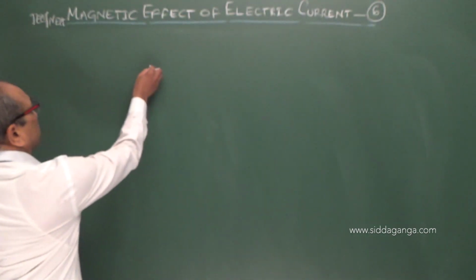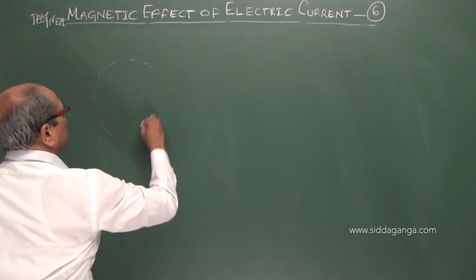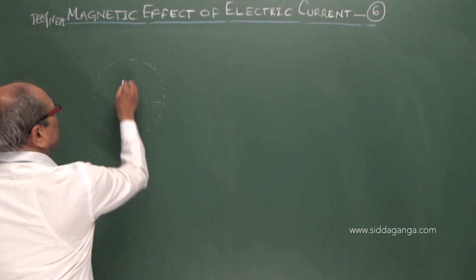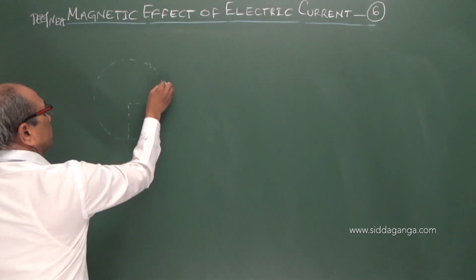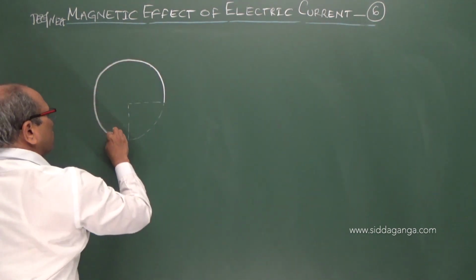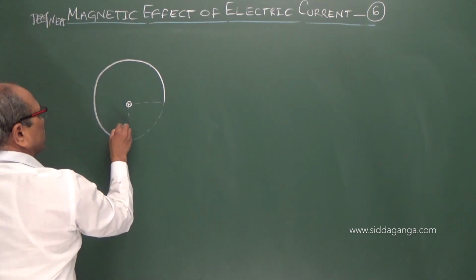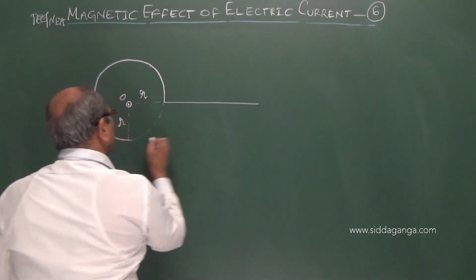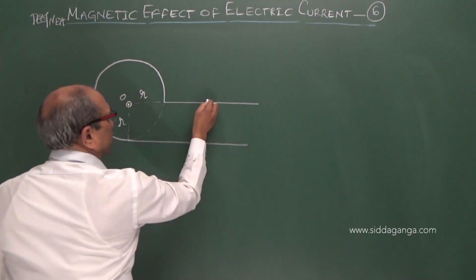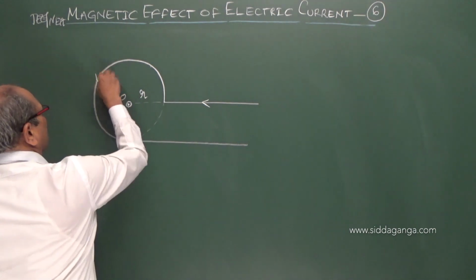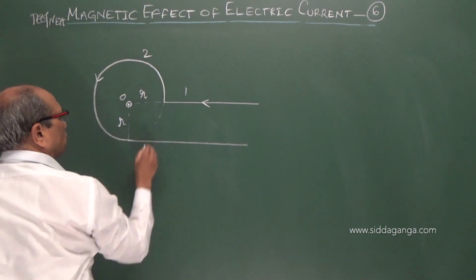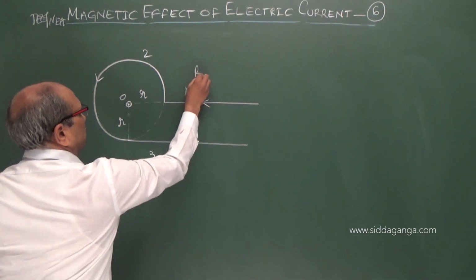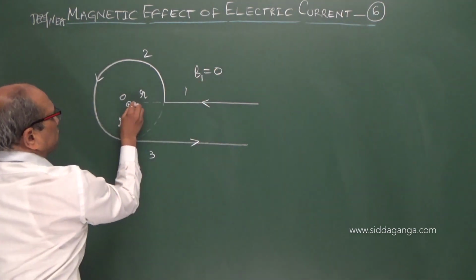So let us take an example. One, two, and 3. Even in this case, B1 is 0 because it is in line.